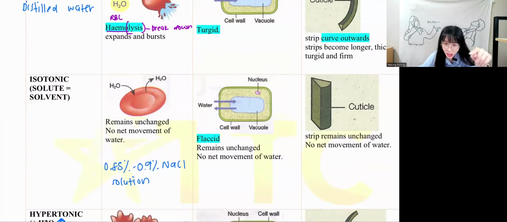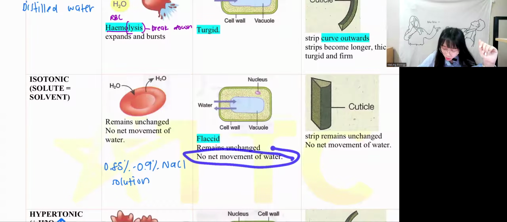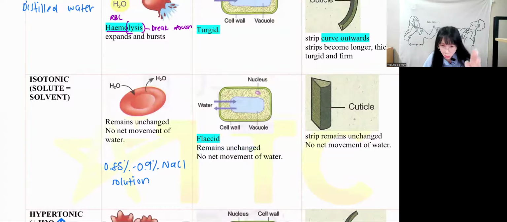Next, if it's isotonic, it means it's the same. As we have mentioned, if it's the same, we have to write no net movement of water. In this situation over here, we have to use the word flaccid.